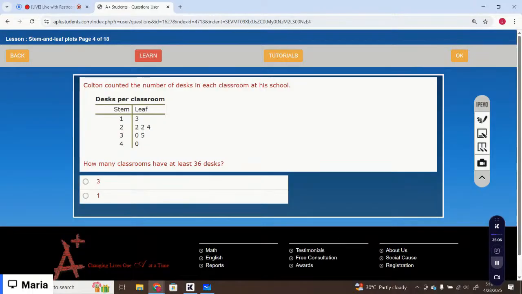Colton counted the number of desks in each classroom at his school. How many classrooms have at least 36 desks?